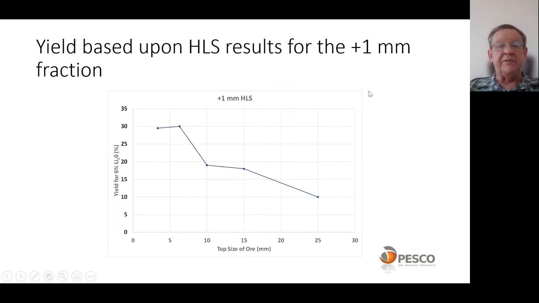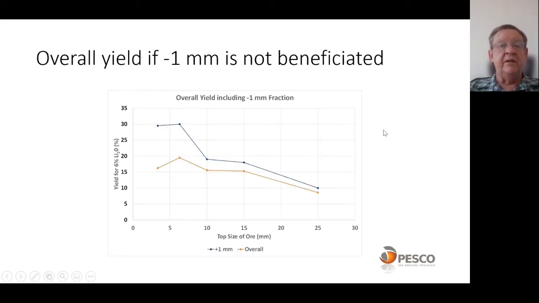If we look at the yield based upon the HLS results for the plus 1 millimeter fractions, the top size of 25 gave a yield of 10%, using the same techniques we've just shown. The 15 millimeter gave about 17%, the 10 millimeter about 18%, 6.3 gave about 30, and then 3.35 was about 28. So if you just look at this alone, it almost looks like a no-brainer that you've got to use a 6.3 millimeter top size. But what is your overall yield if you do not beneficiate your minus 1 millimeter?